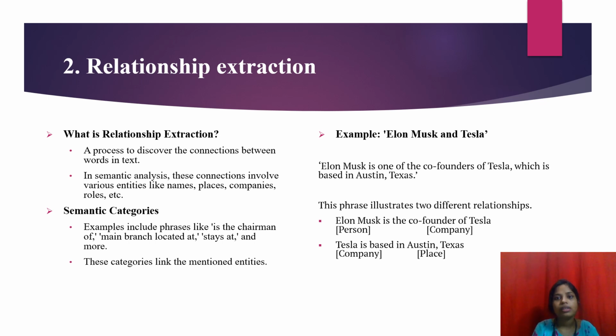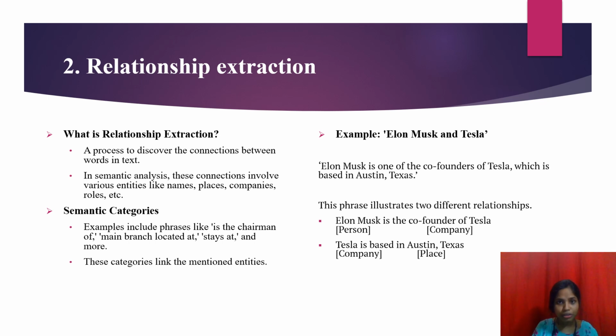Let's take a sentence which says, Elon Musk is one of the co-founders of Tesla, which is based in Austin, Texas. Here we have two different relationships. First, Elon Musk is connected to Tesla, which is a company, and second, Tesla is linked to Austin, Texas, which is a place.